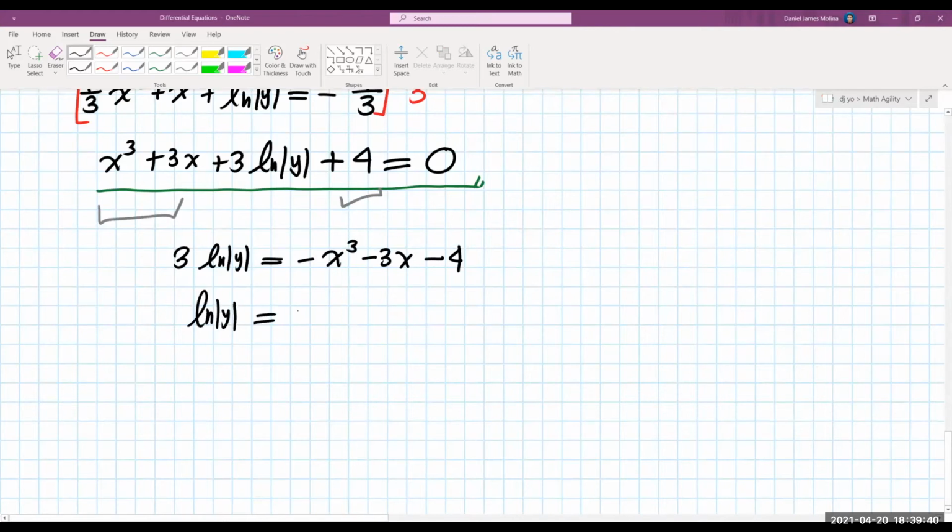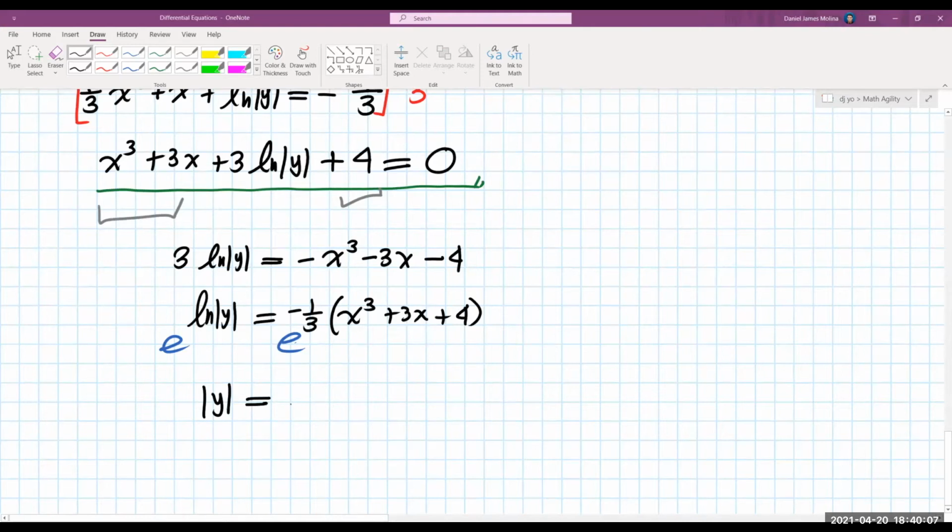So natural log of y is equal to -1/3 times the quantity x cubed plus 3x plus 4. And then let's raise these two expressions to the base e. So we have the absolute value of y equal to e raised to this complicated expression here.